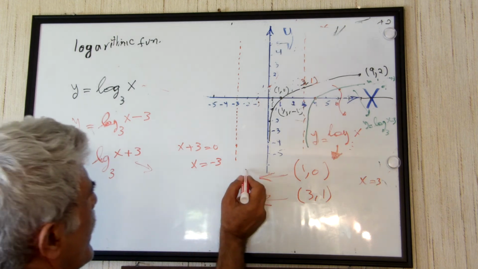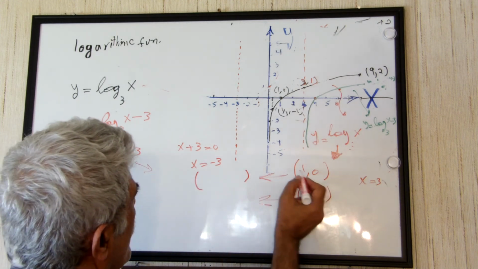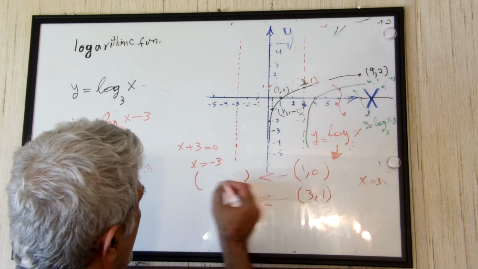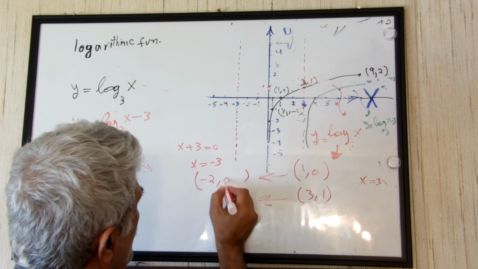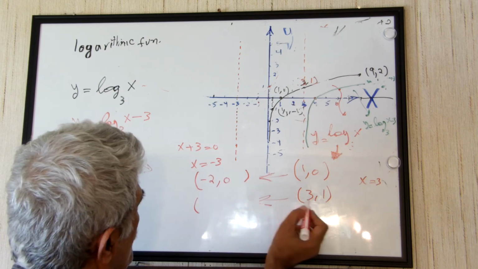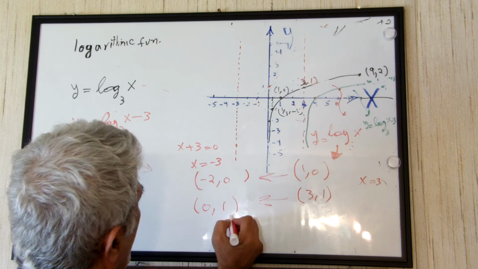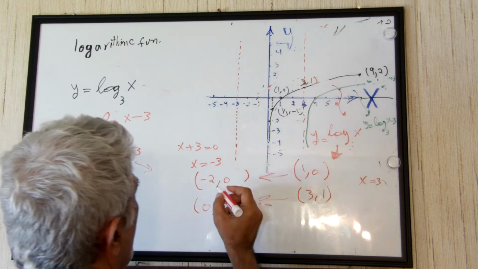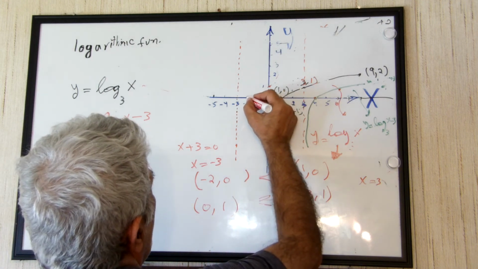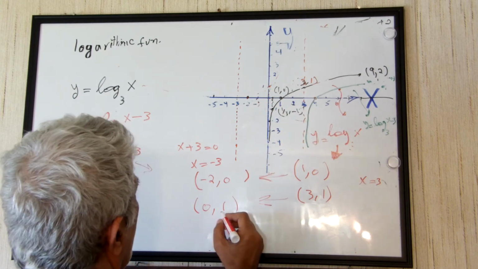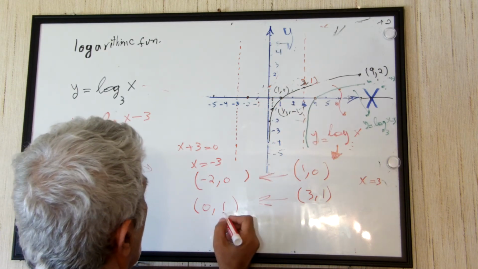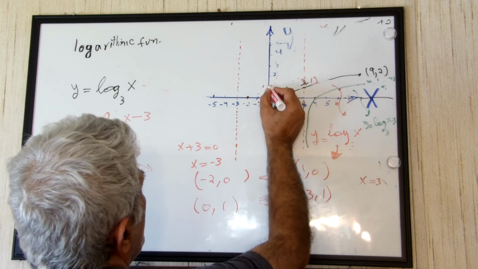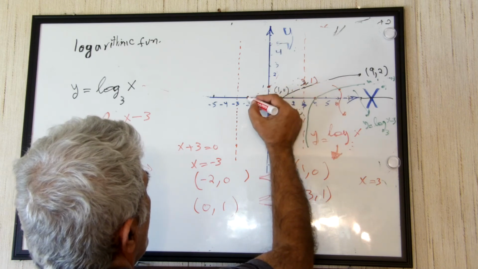So all the x's are going to shift by -3. -3 plus 1 is -2, 0, and this point is -3 plus 3, 0, 1. Now let's draw this: -2, 0, and then 0, 1, the point is going to be here.